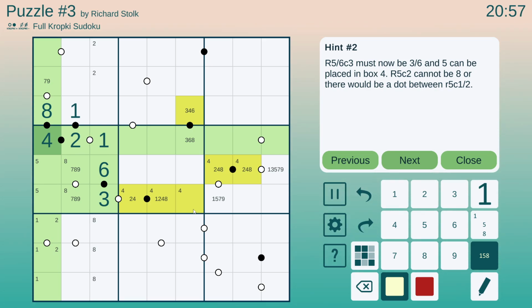Row 5, column 2 cannot be 8, or there would be a dot between row 5, column 1 and 2. How do you place the 5 in box 4?